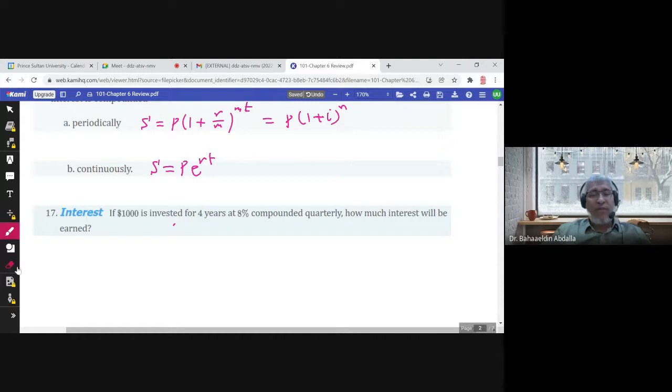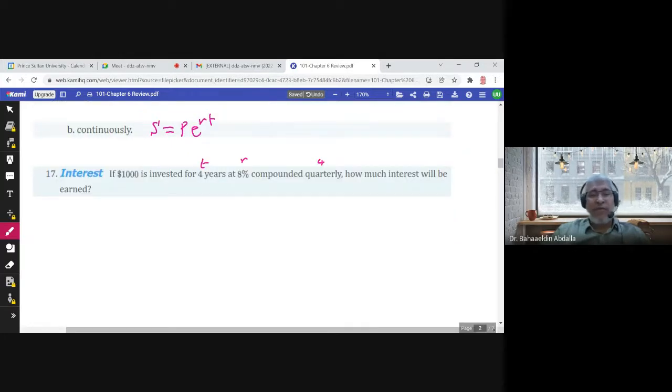If $1,000 is invested for 4 years, T, at 8%, R, compounded quarterly, 4 times, how much interest will be earned? How much interest he is asking about. So, well, the interest is the future value minus the principal.